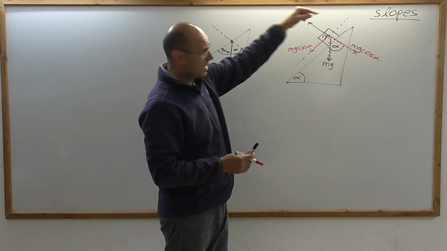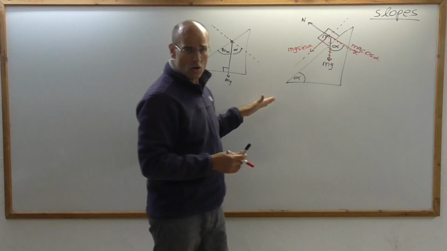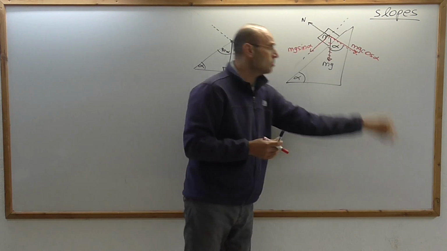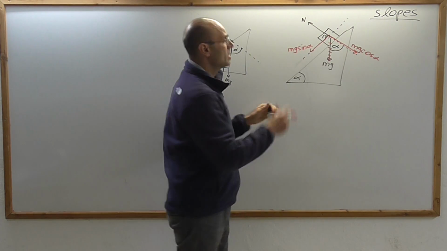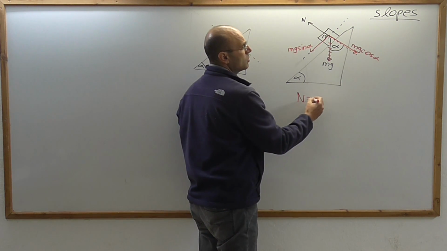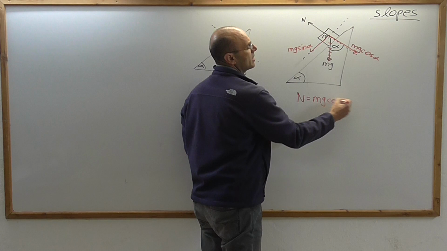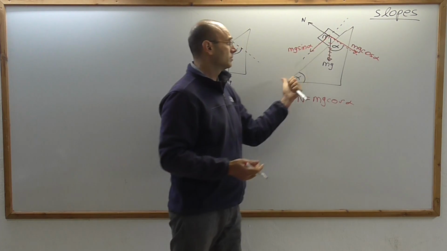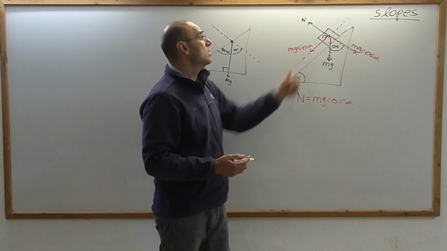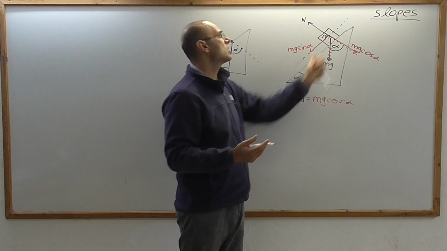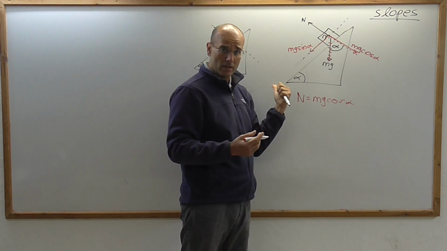We know that when an object goes down the slope, it doesn't go up nor down. It doesn't go into the slope, it doesn't go up in the air. So according to the first law of Newton, the normal force must be equal to mg cosine alpha. And in the x direction, we have this force, nothing there, so obviously this object will accelerate down the slope.